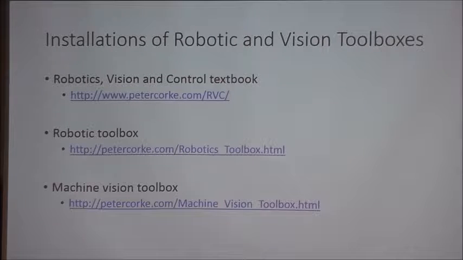Robotic vision and control textbook. You just need to click here, and here you are. This is the web-based textbook of this class. Here you have chapters, for example, for mobile robots.